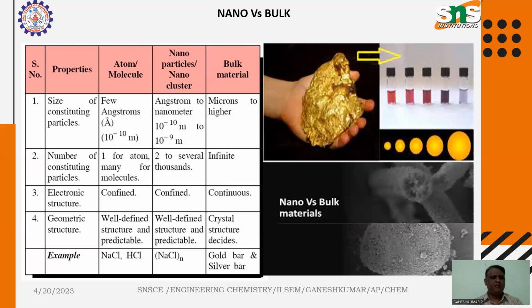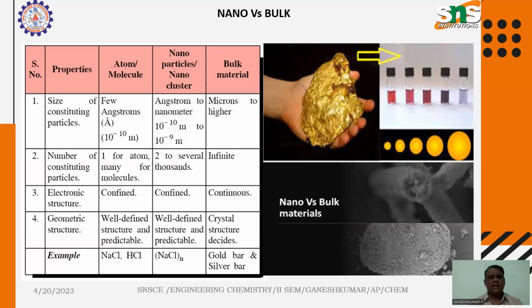And when we consider the number of constituting particles, an atom has one atom, or one or two atoms may combine to form a molecule. But nano contains several thousand atoms, and bulk has an infinite number of atoms. It holds many atoms together.